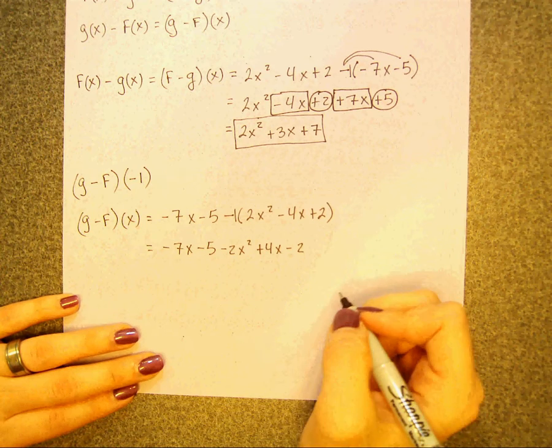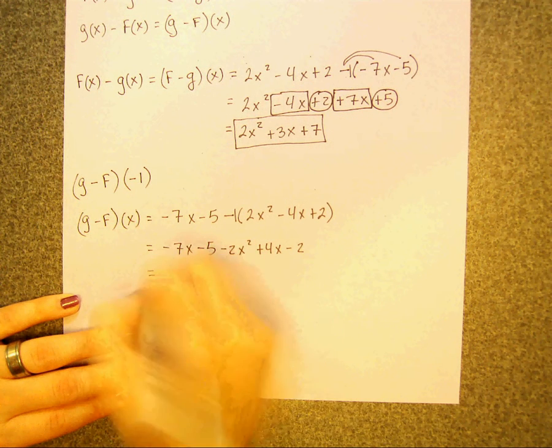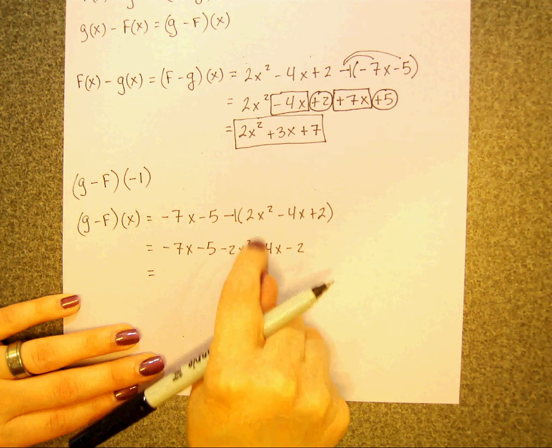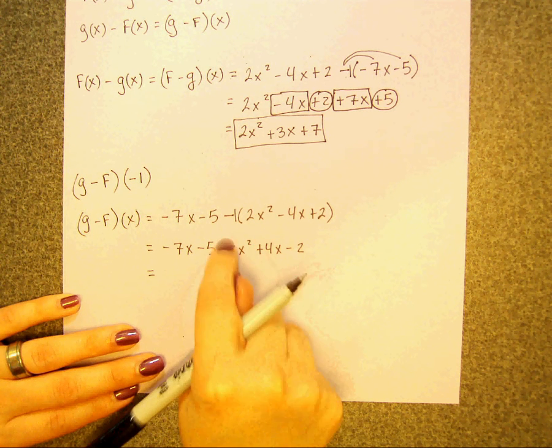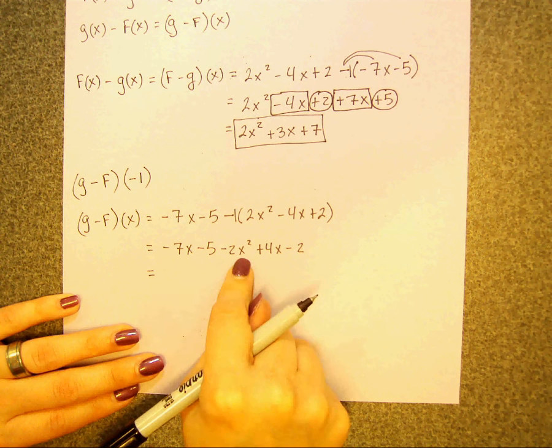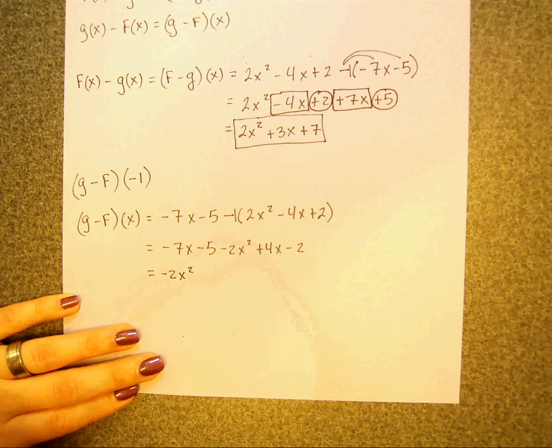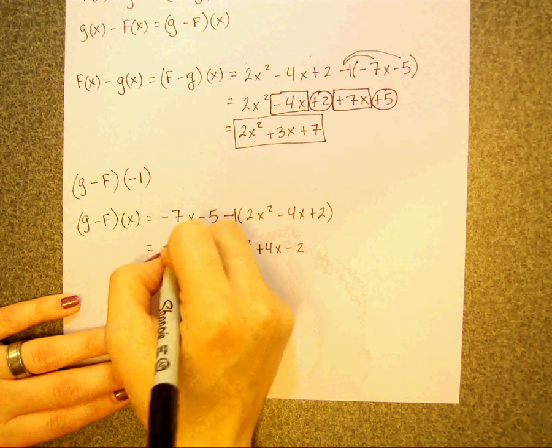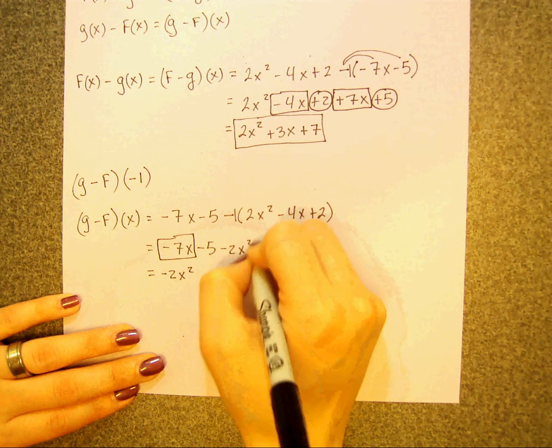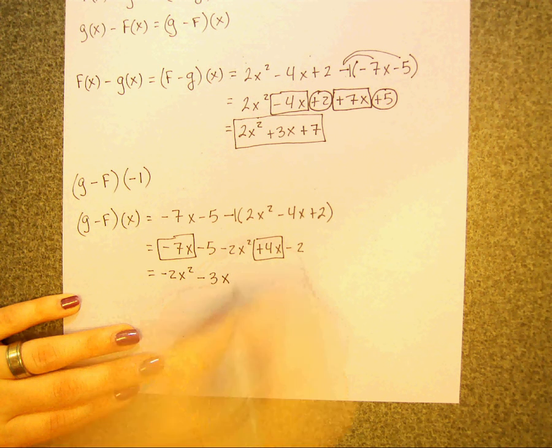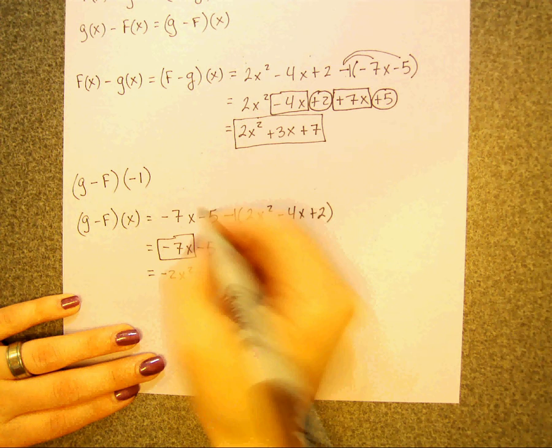Now I can combine my like terms. Again, I'm going to look for the highest power. In this case, it's the x squared, so I have negative 2x squared. It is the only term that has x squared, so I'll just write it down. And then my x's, I have negative 7x plus 4x, so I get negative 3x.